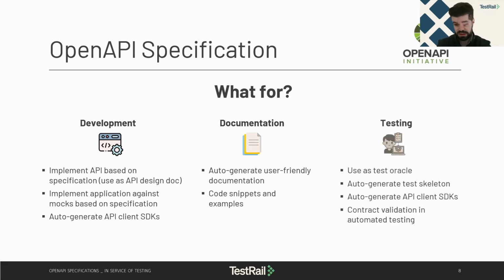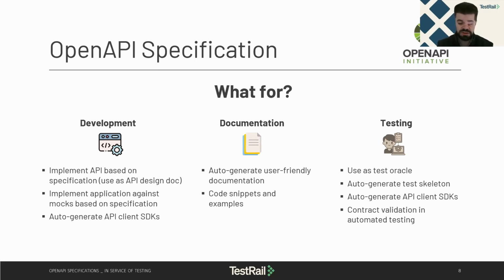And finally, and not less importantly, testing. So you can use the specifications as a test oracle. So you look at the specifications, you are testing a service, an API, and if something doesn't match the specification, well, either the specification is wrong, or the application has a bug, or is not well implemented, is not following your standard.